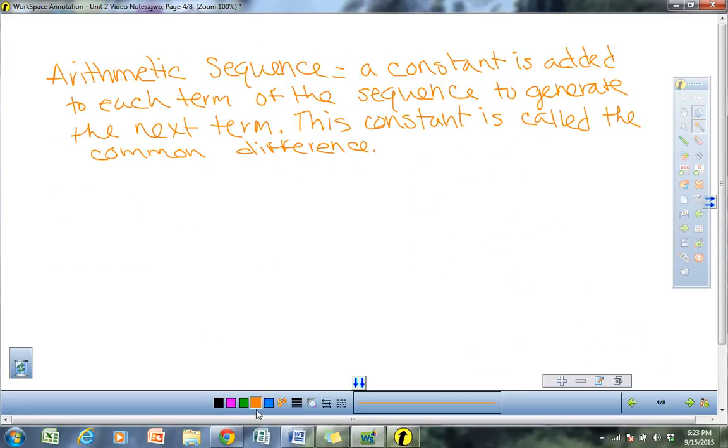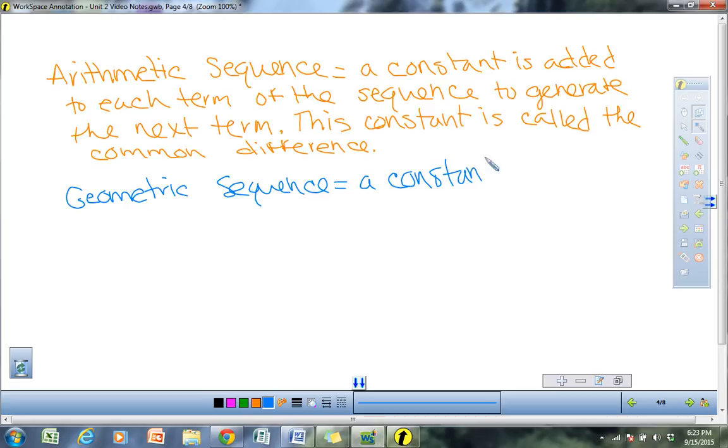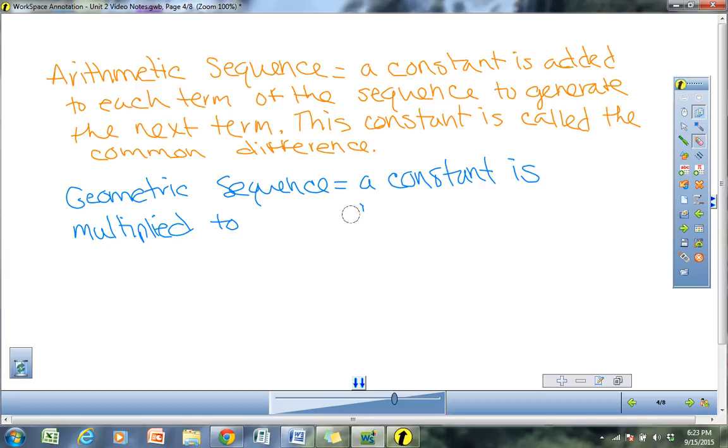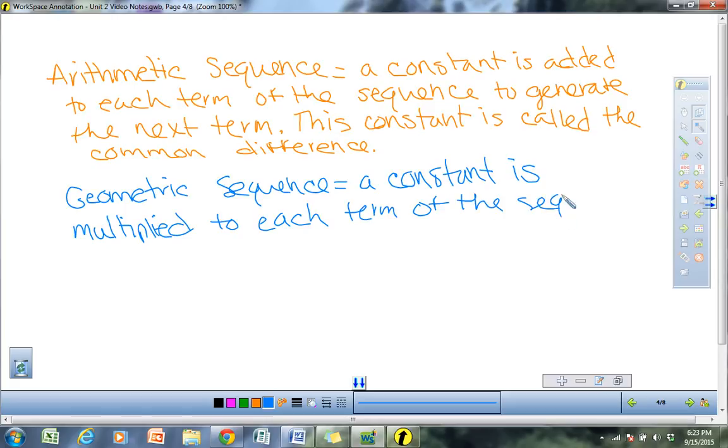So, geometric sequence now, in different colors so you can tell which one they are, is when a constant is multiplied to the next term, or let's say to each term, because it has to be true throughout the whole sequence, to each term of the sequence, to generate the next term.